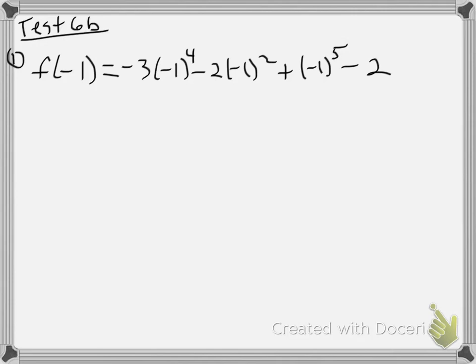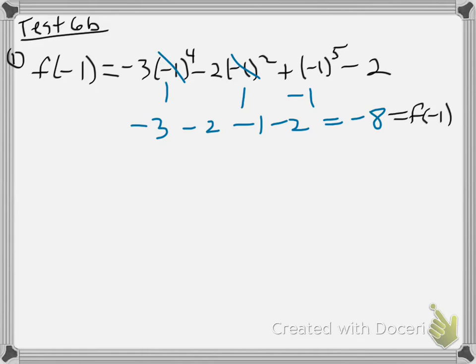So you solve this out, and this is just 1. This is just 1. This is negative 1. So you get negative 3 minus 2 minus 1 minus 2, and that's negative 8. And that's f of negative 1. Pretty hard was that one right there.